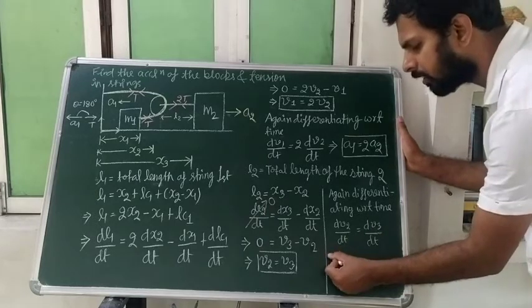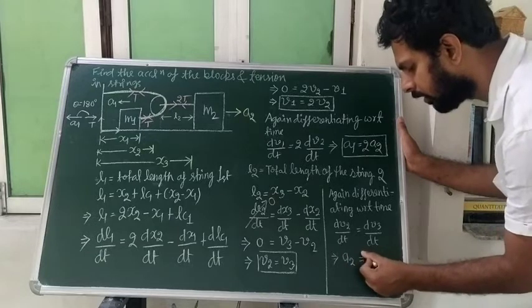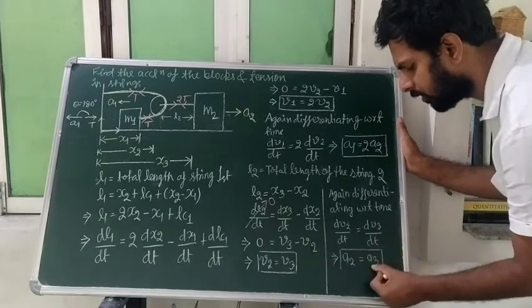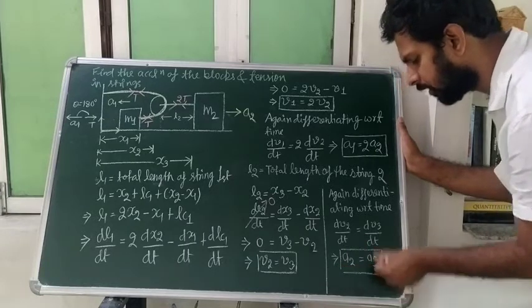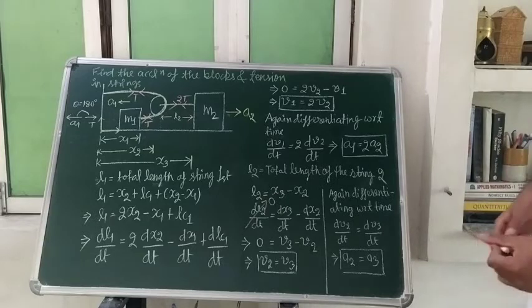Meaning is that our A2 will be equal to A3. So whatever is the acceleration of this pulley, the same acceleration will be of that block, and they will be in the same direction. Right up to here.